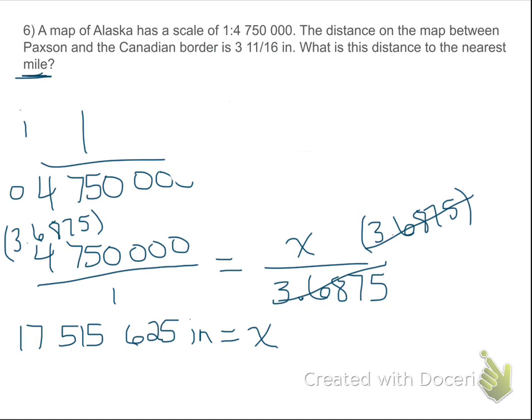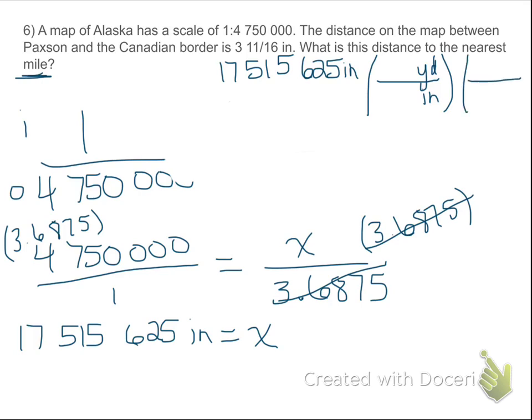All right, so we've got our 17,515,625 inches, and we need to convert that to miles. But you'll notice on our chart, we don't have a conversion straight from inches to miles. The biggest unit we have for inches is yards, so we can take inches and convert it to yards, and then we could take yards and convert it to miles.